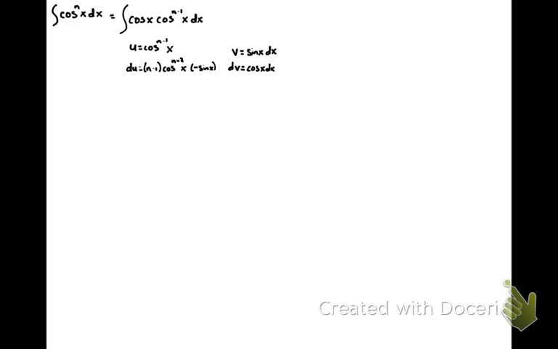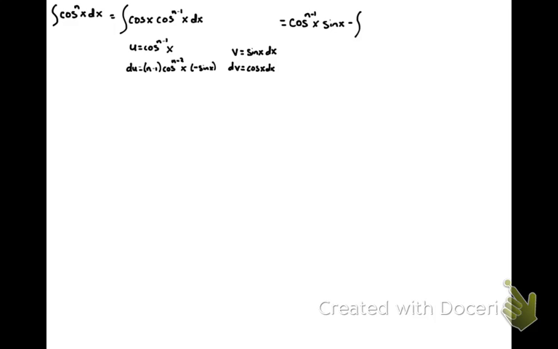And so by integration by parts, this integral must equal, well, the u times v, so it'll be cosine of x to the n minus 1, times the sine of x, minus the integral of v du.